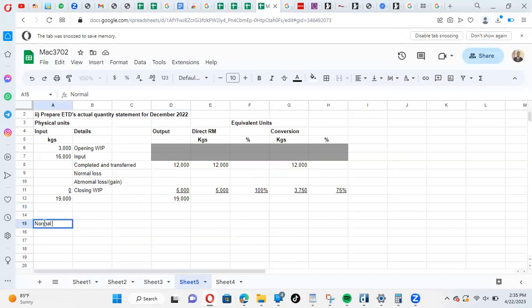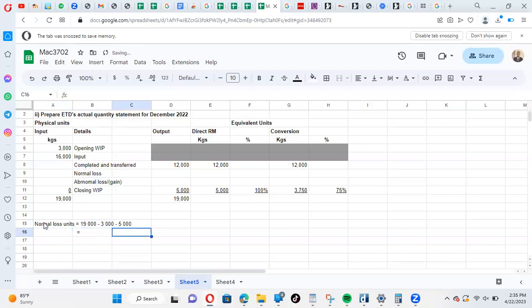For the normal loss units, in total we put in 19,000, but of that 19,000, 3,000 was the opening inventory from the previous period, and it had already gone over the 80% mark, so we need to deduct it. Closing inventory is at 75%, so nothing has happened so far on it. No normal loss can be accounted there. It will only be in the next period.